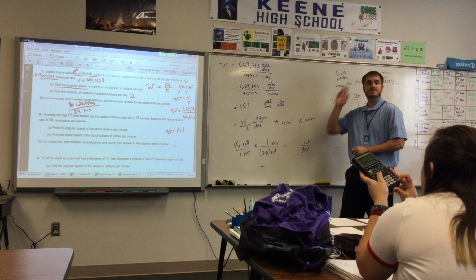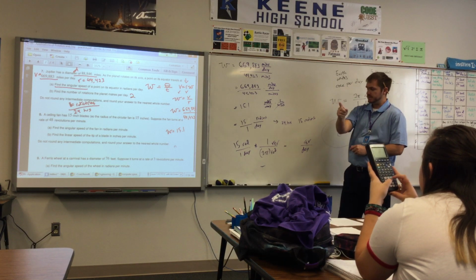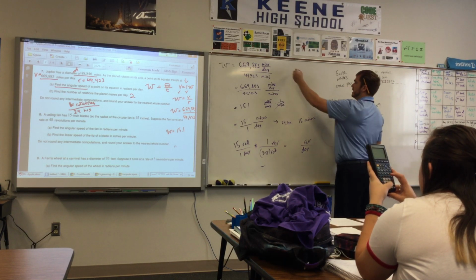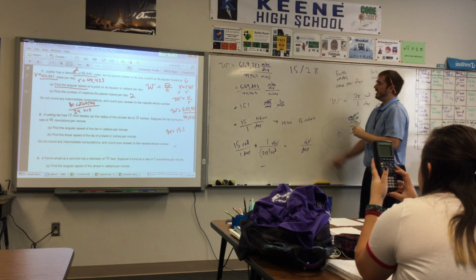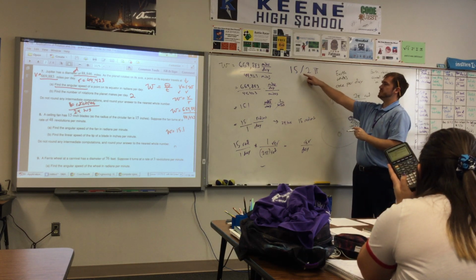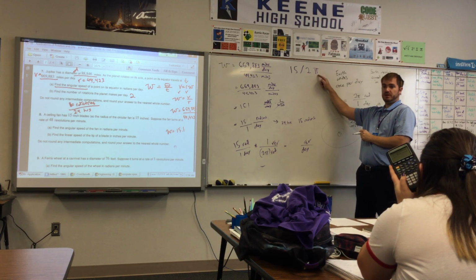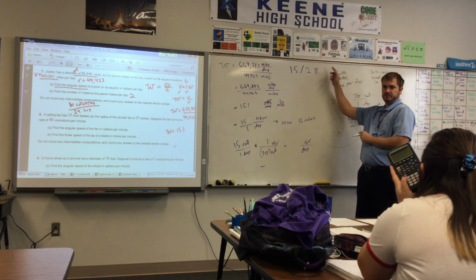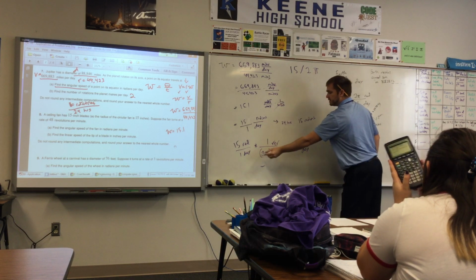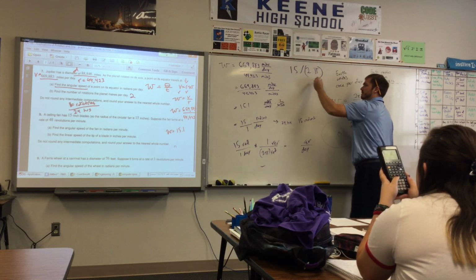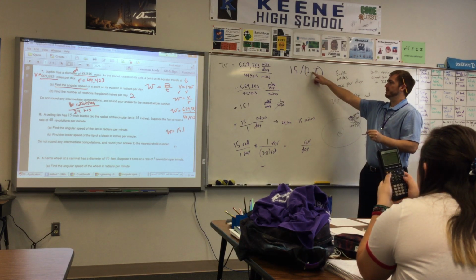Same problem: when typing in the calculator, you are doing 15 divided by 2, which is 7.5, then multiplying by pi, which gives about 23. That is not what we want. Observe up here, I put the parentheses here. You need 15 divided by 2 pi.